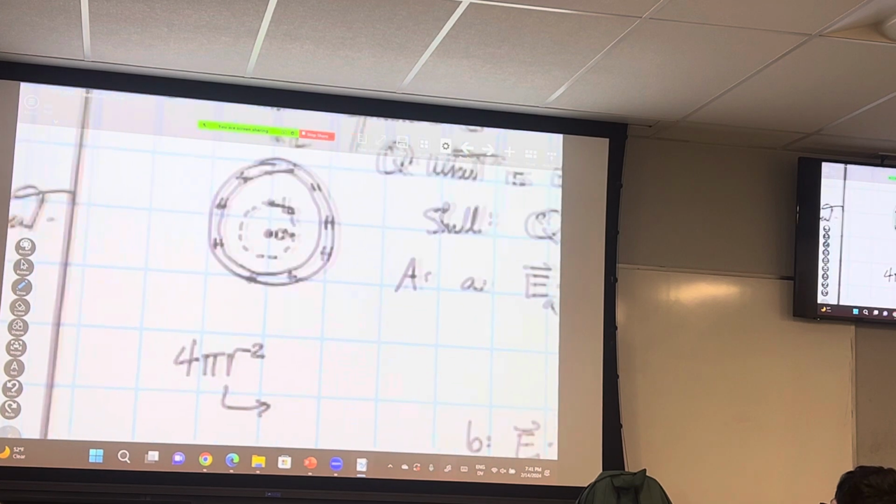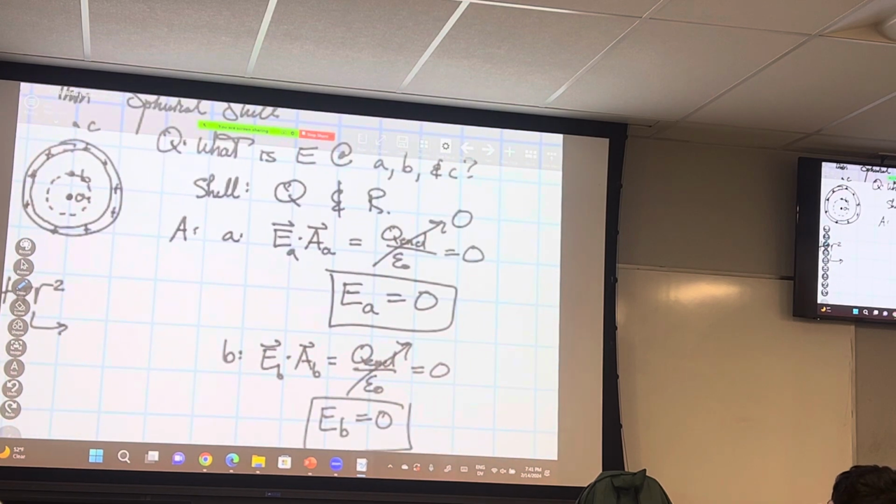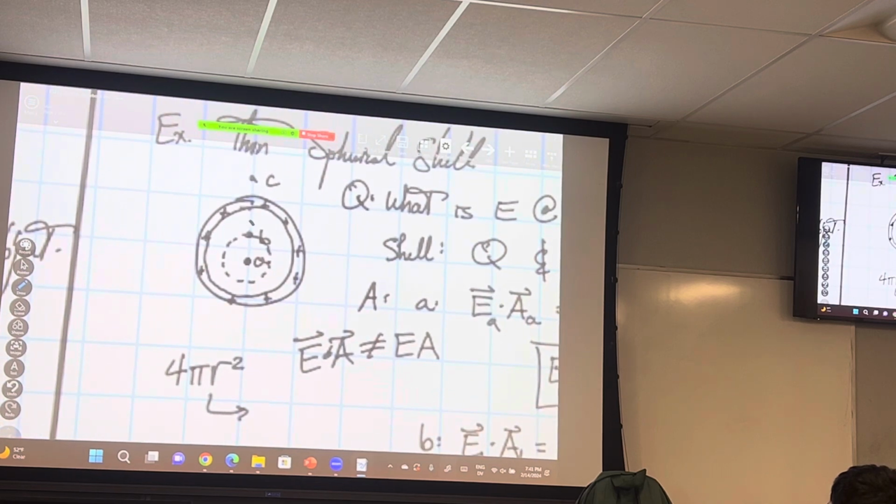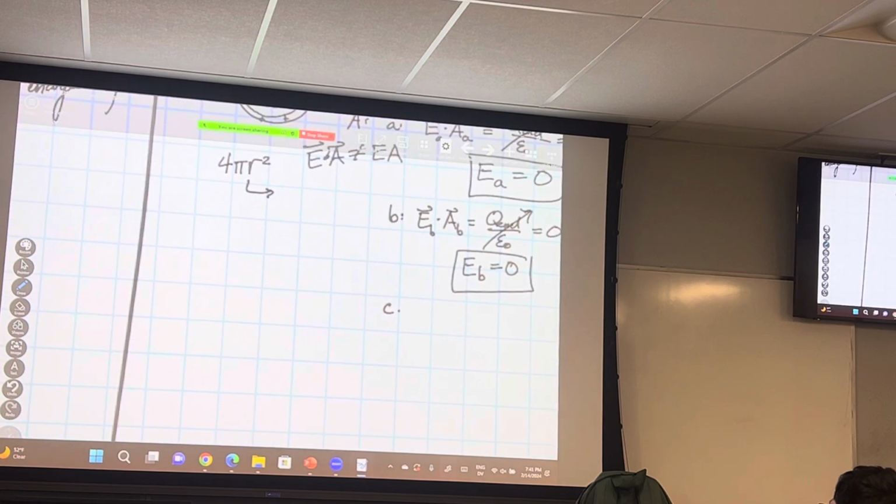Well, at that point, that's not true anymore, because from here you lose this aspect of symmetry. We have a sphere and a sphere here, and you would have electric fields coming in at different angles, right? And this angle is not going to be radially symmetric.